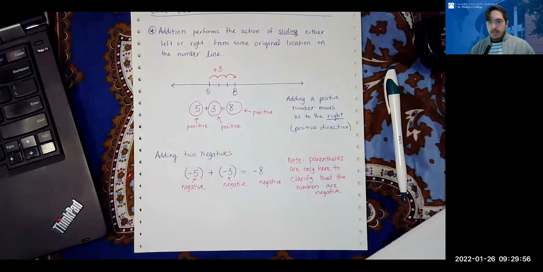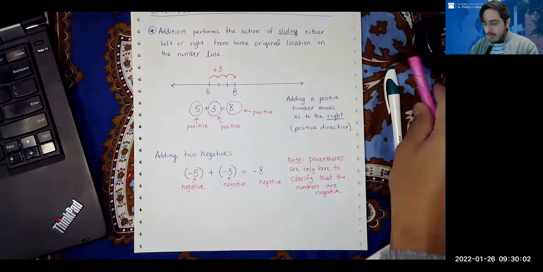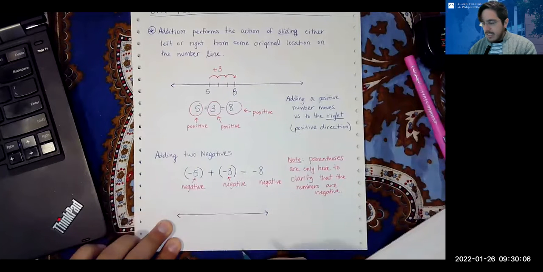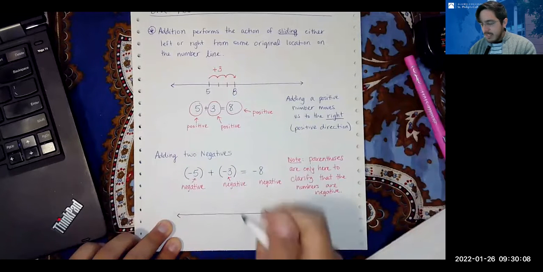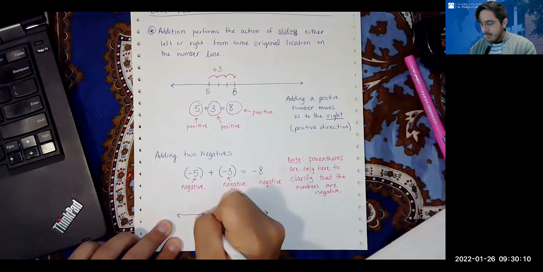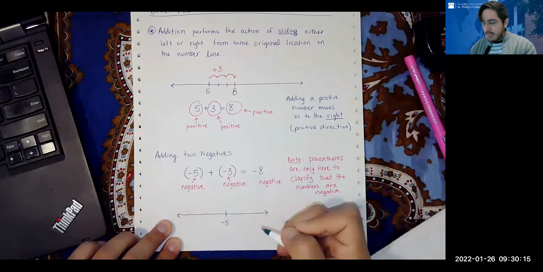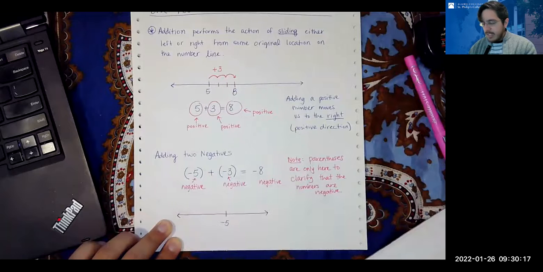Yes. Okay. Now the reason why that is, is because we're on the number line. If we start at -5, let's say -5 is right here, and we add -3 to it, we should end up at -8.